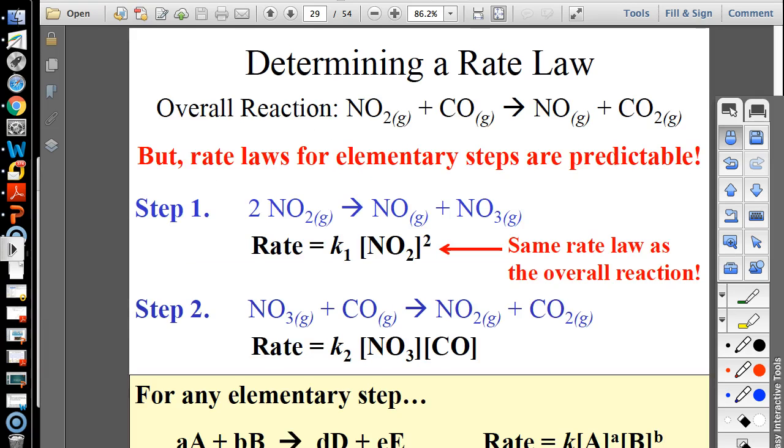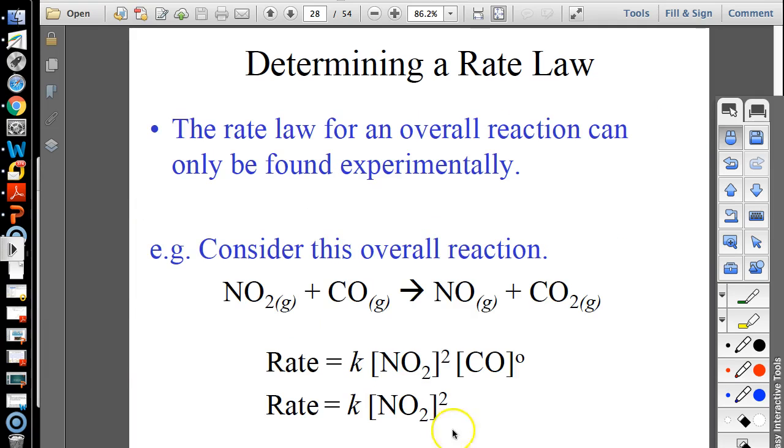So do you see how NO2 and that 2 is squared there? That's the rate law. The reactants raised to the power of their coefficients is the rate law. But look here. If I take the reactants in this second elementary step, is that the rate law that they already gave me? No. The rate law that they already gave me is this.